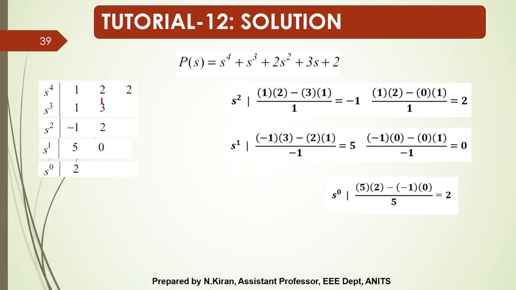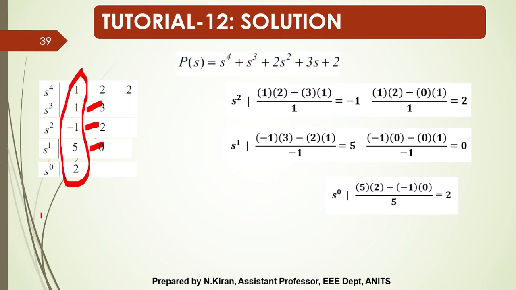Now when I observe the first column of the Routh table, there are sign changes present here, isn't it? So here it is positive, then here it is becoming negative, and again here it is becoming positive. So there are two sign changes.